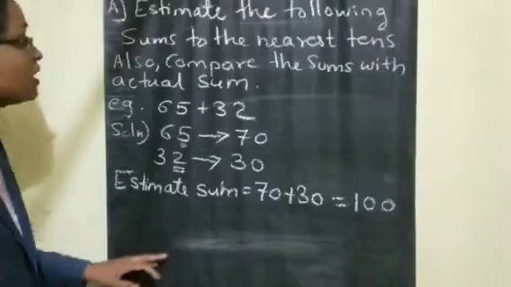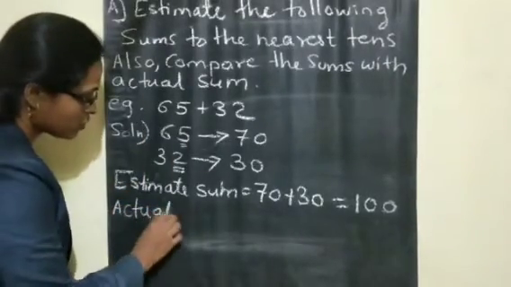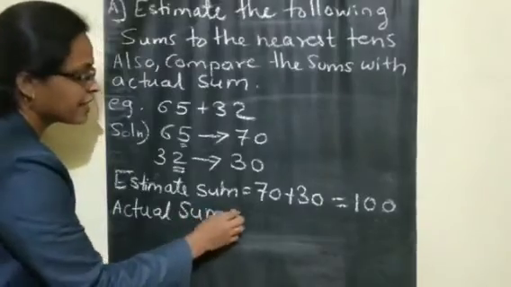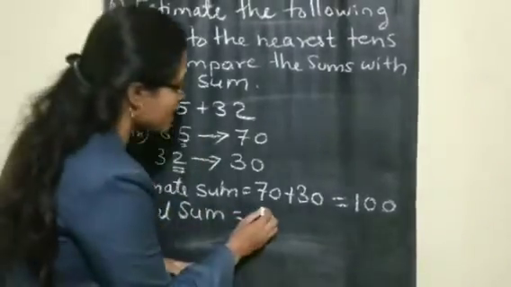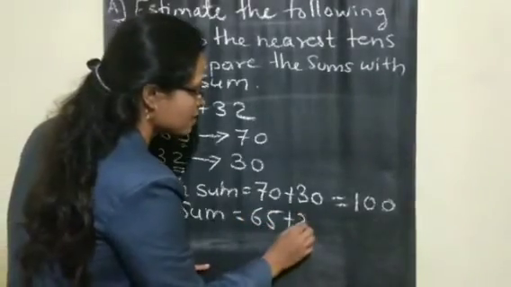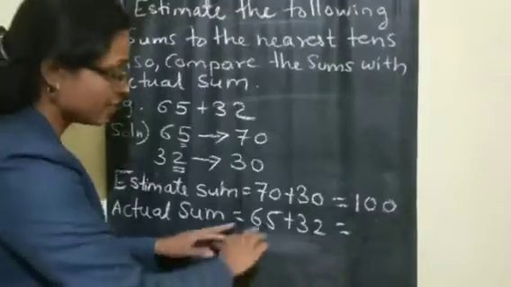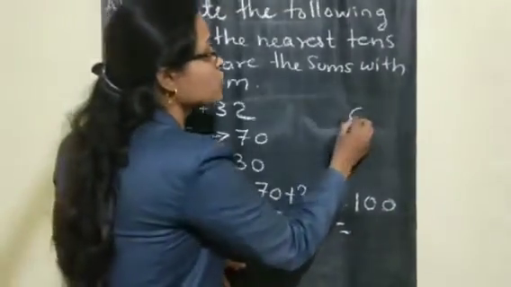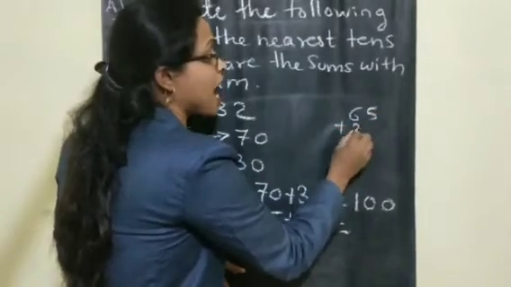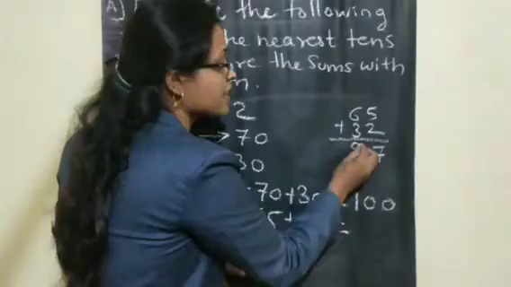Okay. Now let us see the actual sum. Actual sum means we have to find the sum of these numbers, 65 plus 32. So add horizontally. If it is difficult for you to add horizontally, you can also add vertically and get your answer, children. So 5 plus 2 is 7, and 6 plus 3 is 9.